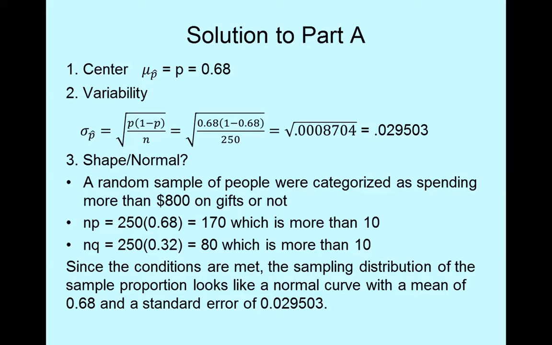What about n times q? 250 times 1 minus 0.68, or 0.32, is 80. That also is more than 10. So the conditions are met, so we can say the sampling distribution of the sample proportion looks like a normal curve where the mean is 0.68 and the standard deviation of p-hat values, or the standard error, is 0.029503.